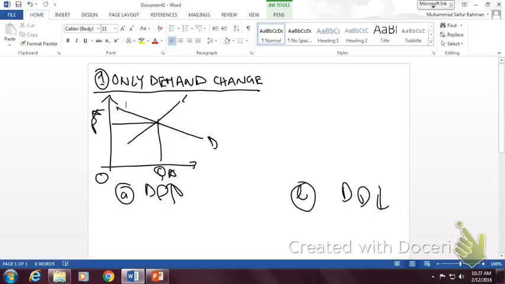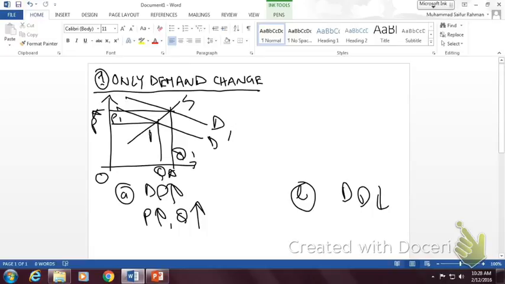This is my D, this is my S. And we are thinking about a situation where market demand increases, let's say from D to D1. When market demand increases, we can see clearly that equilibrium price goes up, equilibrium quantity goes up. So whenever demand increases, the conclusion is that equilibrium price will go up, equilibrium quantity will go up. We move from point A to point B.